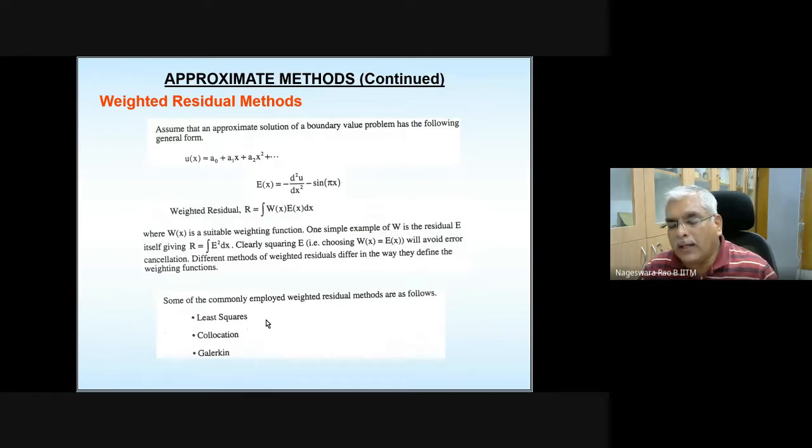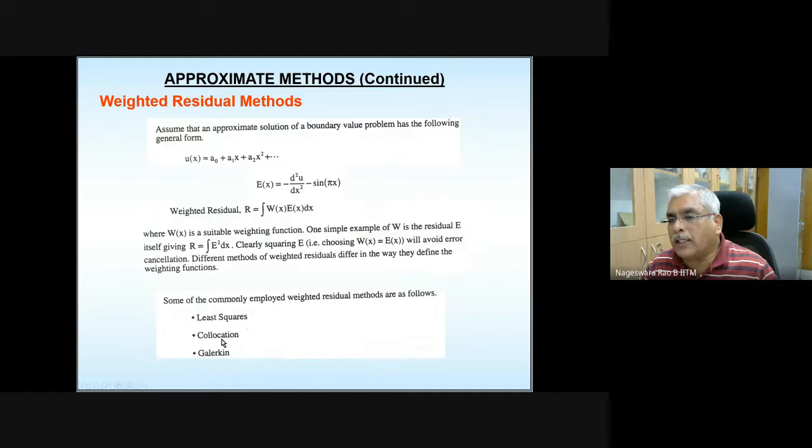Similarly, whatever I explain about least squares weighted residual is in a broad sense, but some variant may exist. Some researcher may come up with a variant of it. So if you want the latest techniques available under the least squares weighted residual method, you need to go back and see the literature.